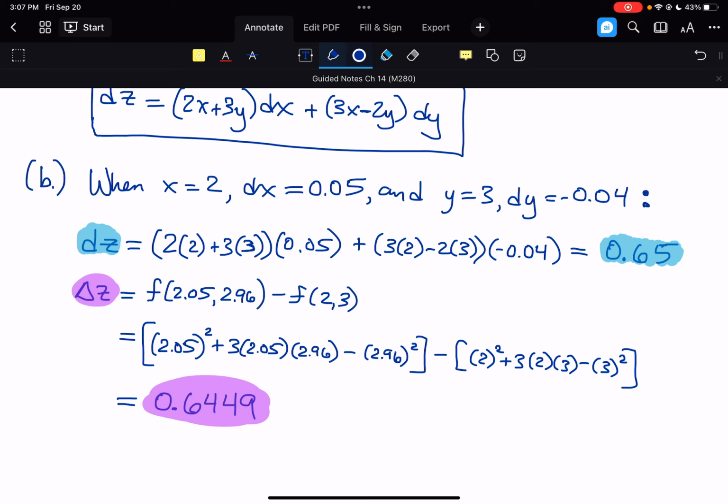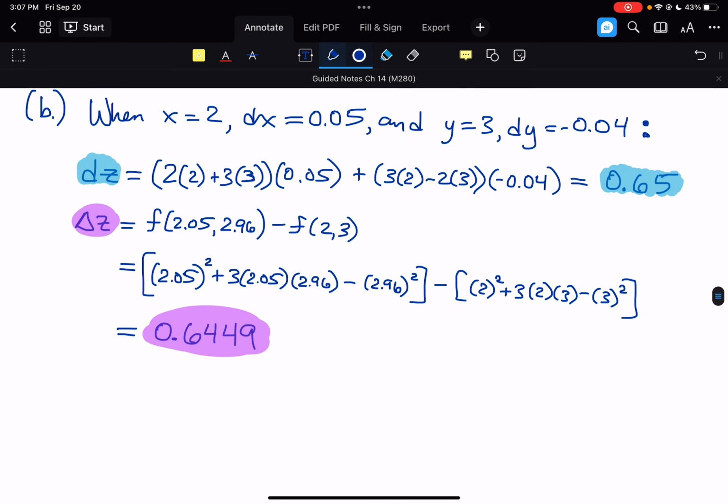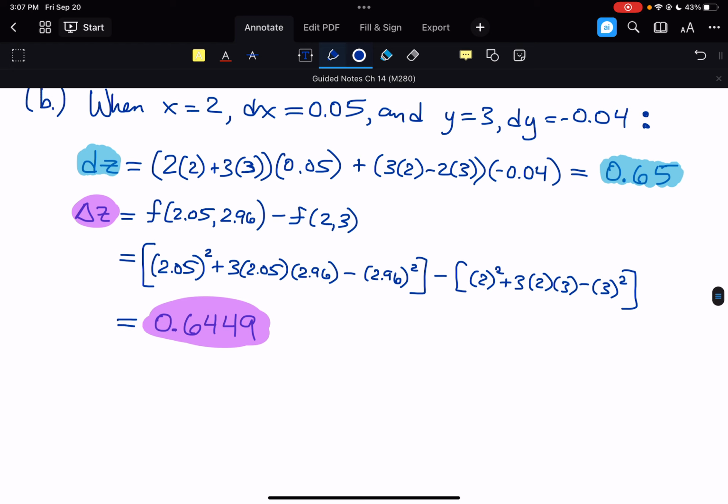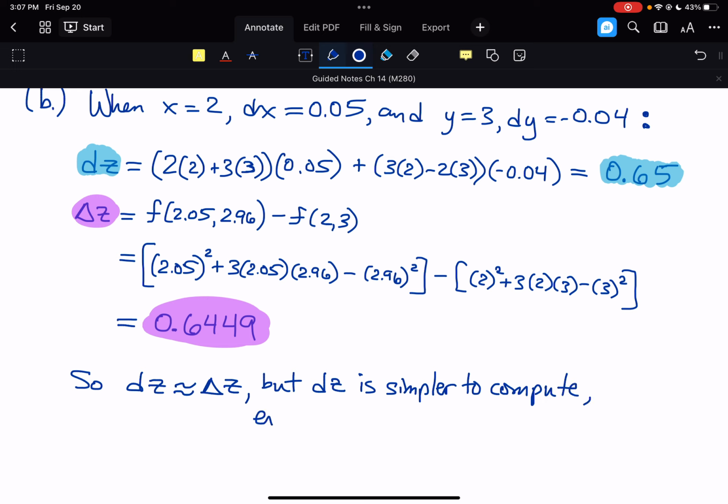Okay, so the tangent plane approximation or the linear approximation is satisfactory as long as we stay close enough to the starting point, and it's going to be much easier to compute. So dz is approximately equal to delta z, but dz is simpler to compute, even when the functions get tougher.